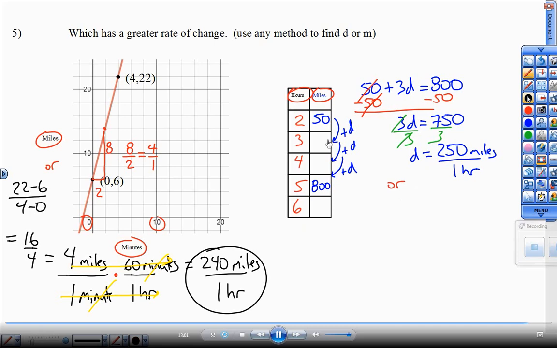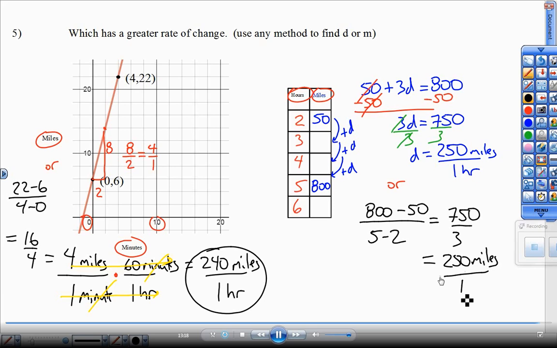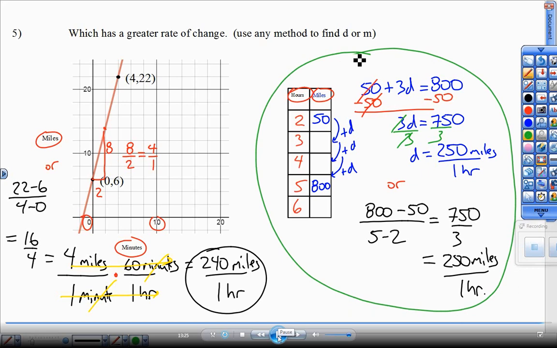Or you could take the 800 minus 50 divided by 5 minus 2, another way to get that slope, gives you 750 divided by 3, which is 250 miles per hour. So you can see this one does have the greater rate of change. Make sure you clearly label which one is bigger, this one or this one. For this case, it was the table.